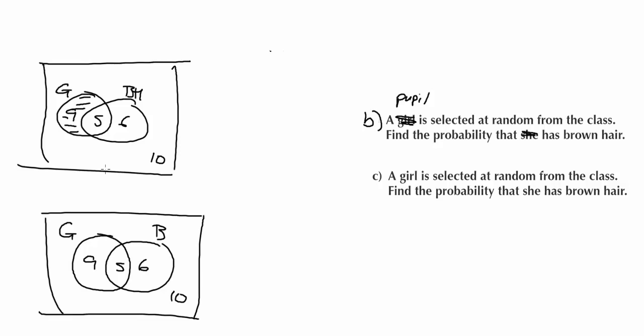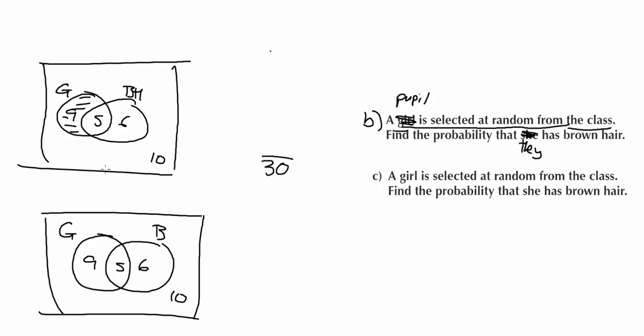Find the probability they, because we don't know it's a girl, we just know it's a pupil, okay? So that means it could be anyone here. Are you happy?